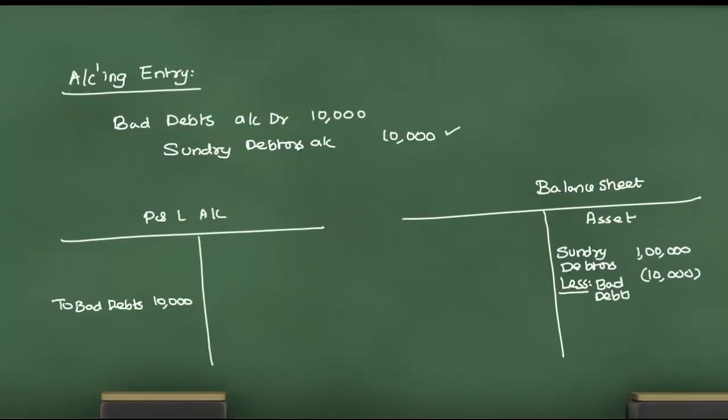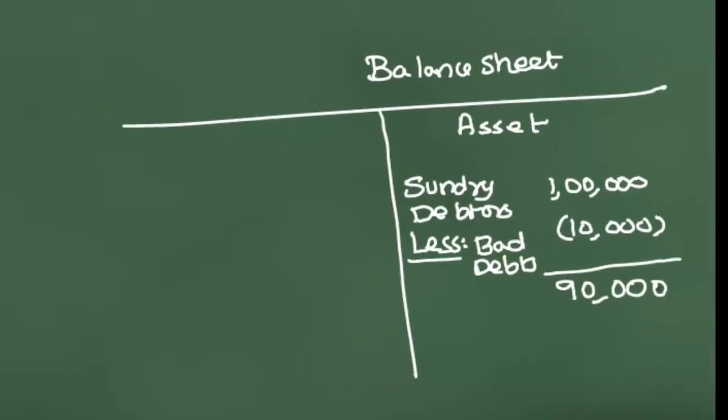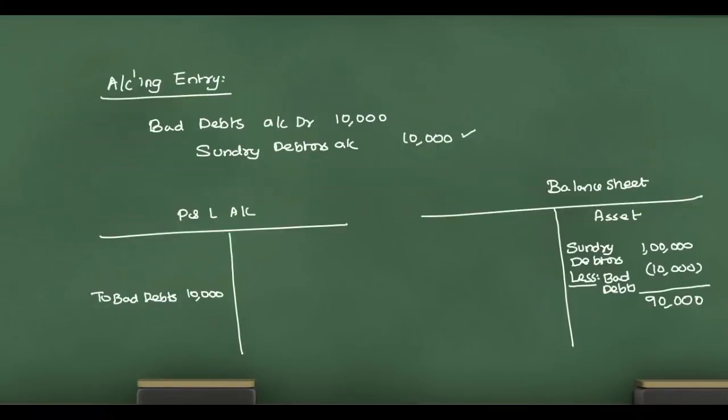Now what are the debtors available for the company? It is 90,000. So on this 90,000 provision has to be made, because already 10,000 has been accounted as bad debts. The company expects 90,000 will be recovered. Even then the company believes some 5% will not come. So the company says provide for those 5% also.